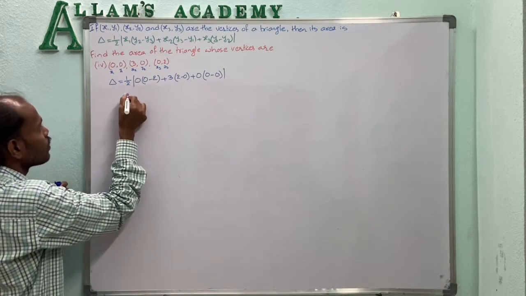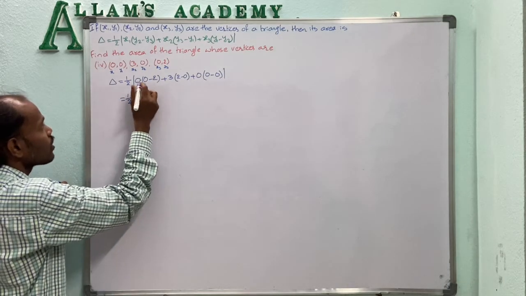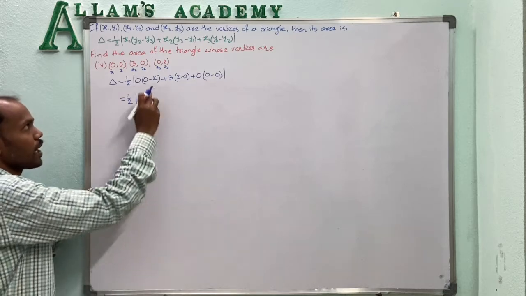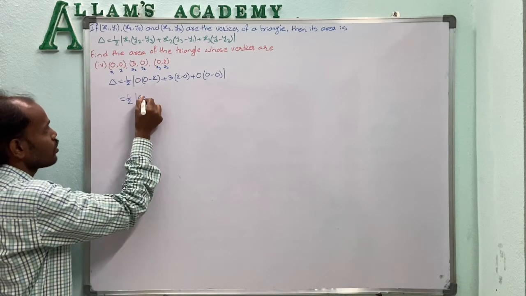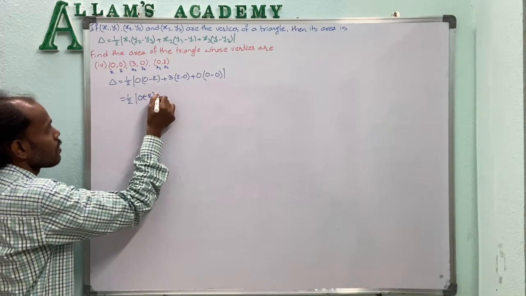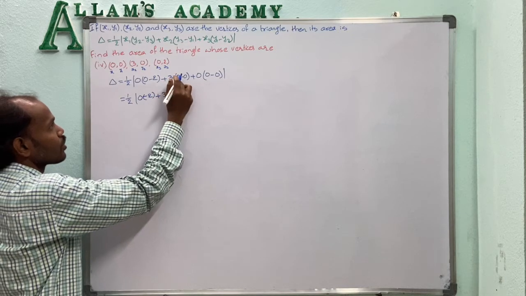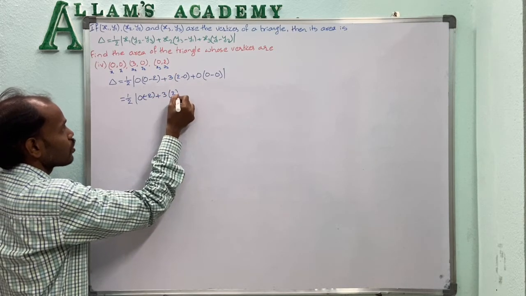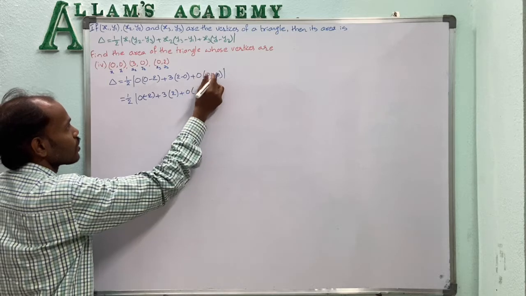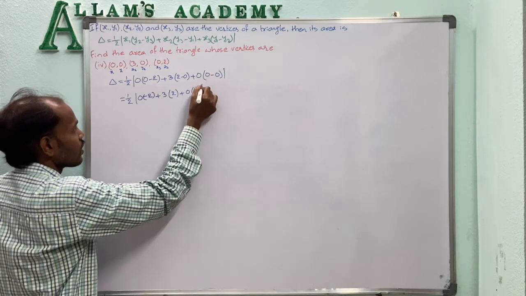So that equals half mod of 0 into (0 minus 2) is equal to minus 2, plus 3 into (2 minus 0) is equal to 2, plus 0 into (0 minus 0) is equal to 0.